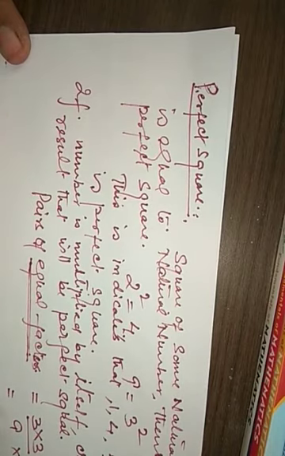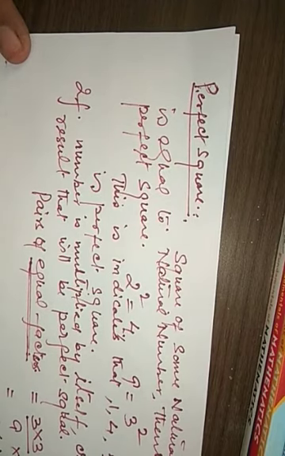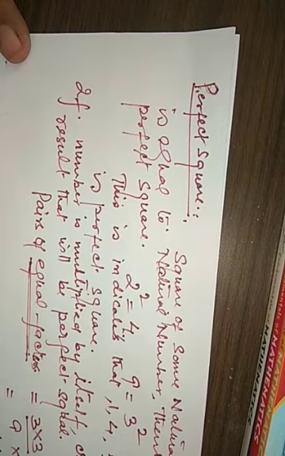So what will be the now 36 into 25, so this will be equal to 900. So this 900 we can say is a perfect square number, because how have we got this product?